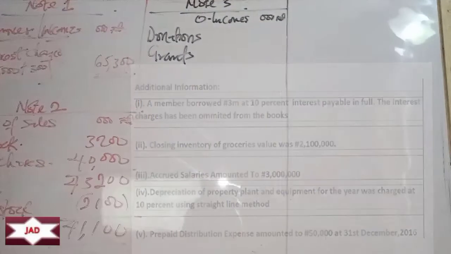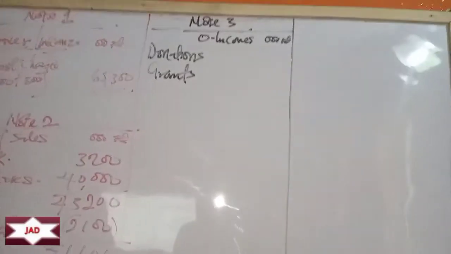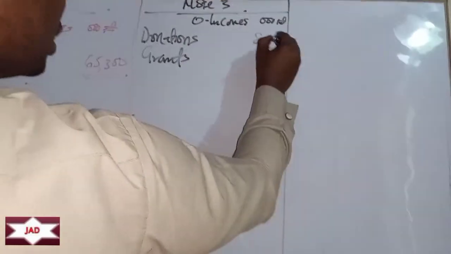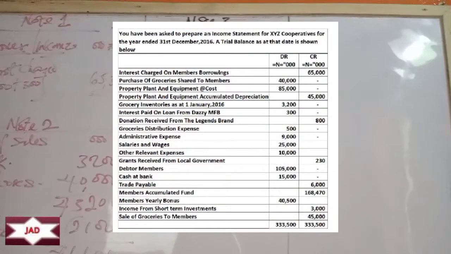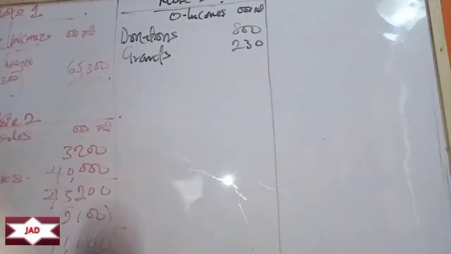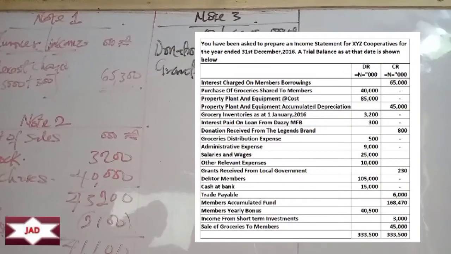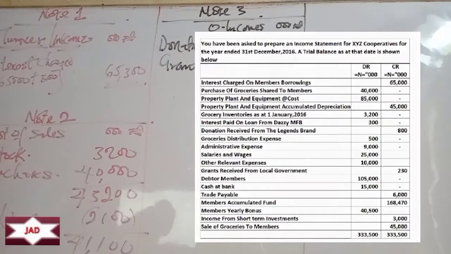So the next one there, I can see grants received from local governments. What's the value for donations? Donation according to the question is 800,000. So we have 800. What's the next one there? Grants 230,000. I can see 230.